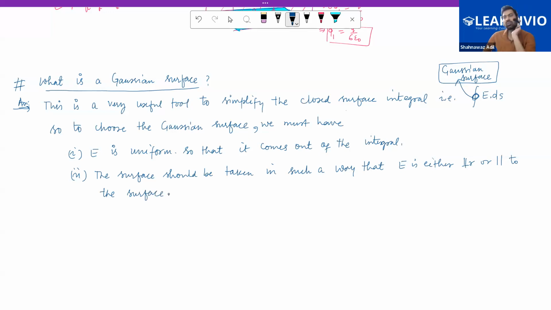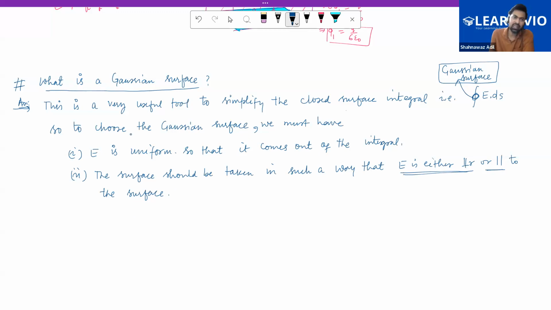Let's say these are the two criteria that we have for a Gaussian surface, right? And the third thing is that it is a closed surface. But this is very important: E should be perpendicular or parallel to the surface. How this simplifies the answer, we'll see in the application.